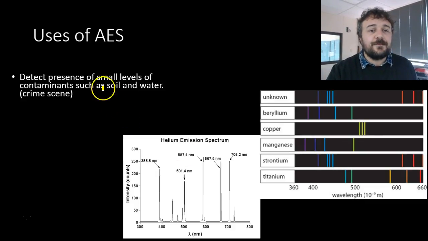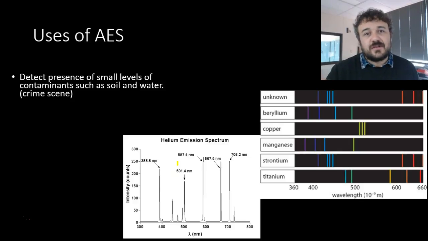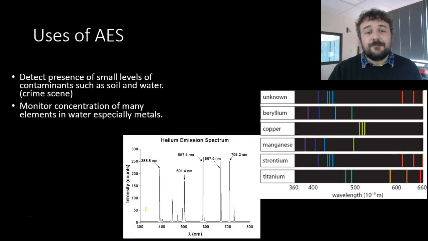So we can use this to detect really, really small levels of contaminants, such as soil and water, at a crime scene. We can monitor the concentration of many elements in water. So this here is not quantitative. This is quantitative. See, you've got wavelength and then intensity.